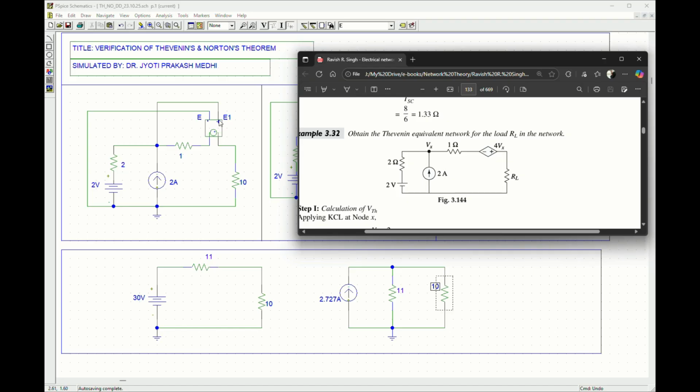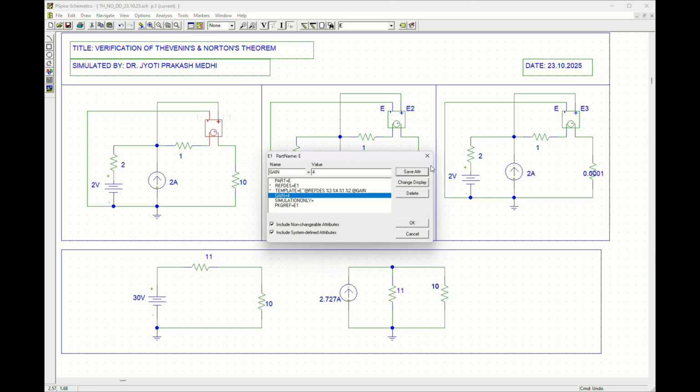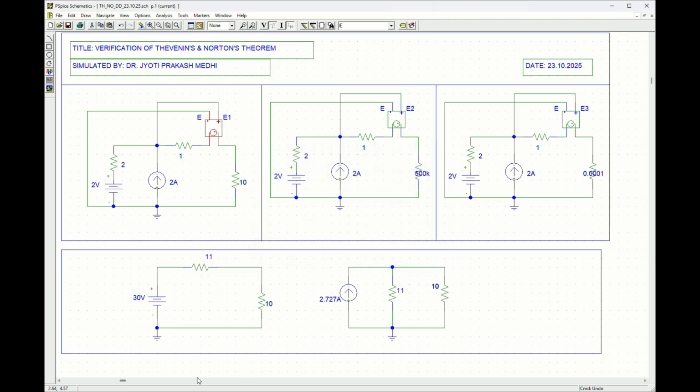As you can see, we have connected it to this terminal. This is the dependency, and the amplification factor, the gain, is considered as 4 here. Then we have applied a 10 ohm load.